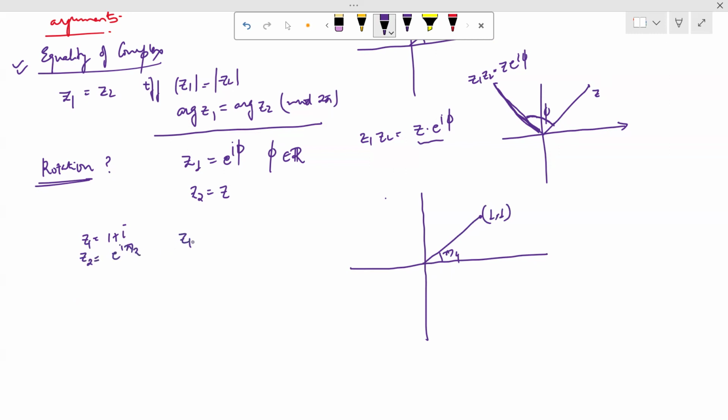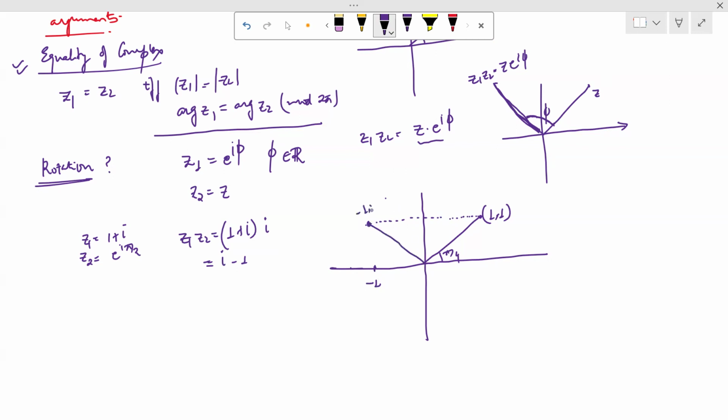If I multiply, z1 z2 will be equal to 1 plus iota times e to the power iota pi by 2, which is simply iota. So it is iota minus 1. Instead of 1 comma 1, you will get the point minus 1 comma 1. So this will be equivalent to this.